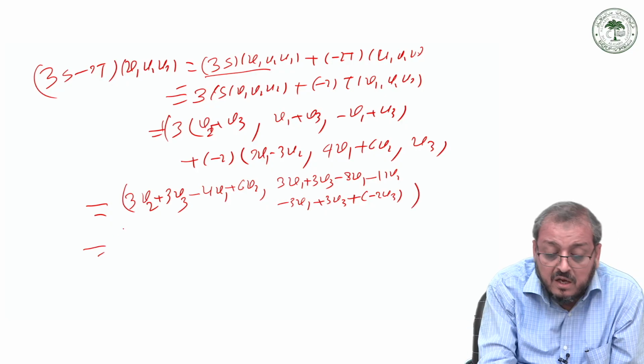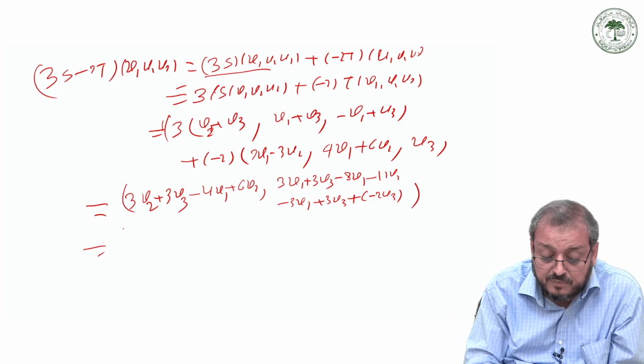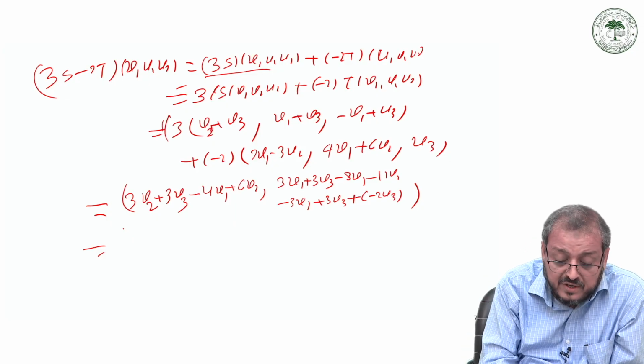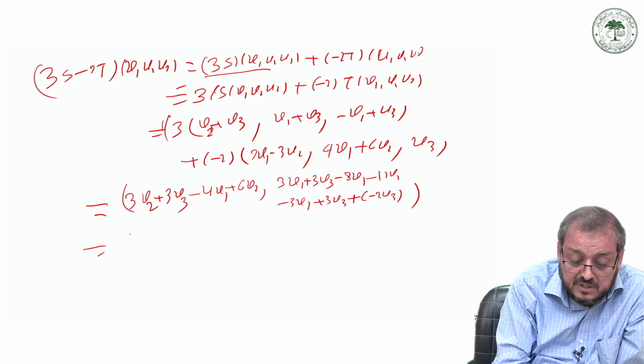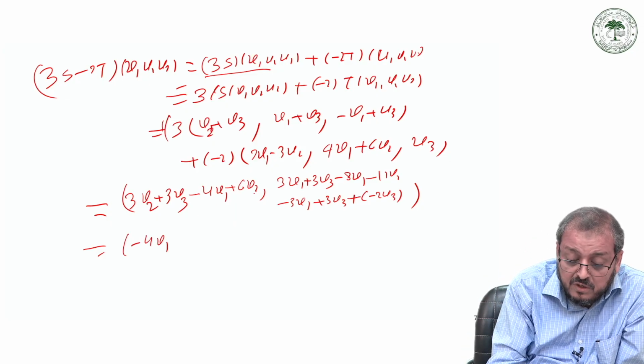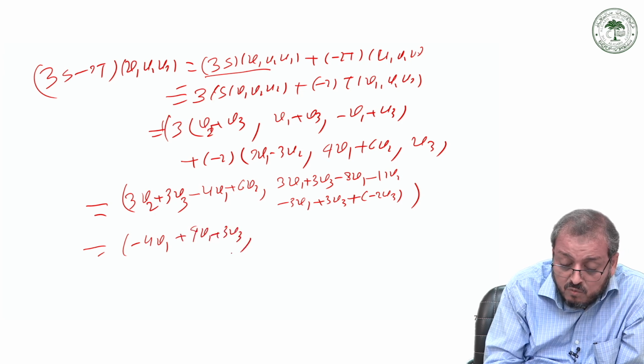So this is the sum of 3s minus 2t. We have to simplify this. This means we simply say minus 4 v1 and then 9 v2 plus 3 v3.